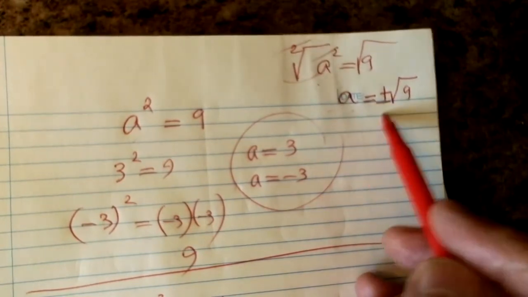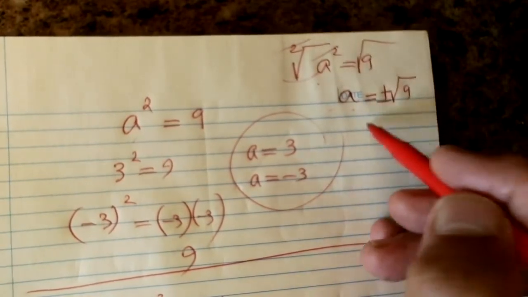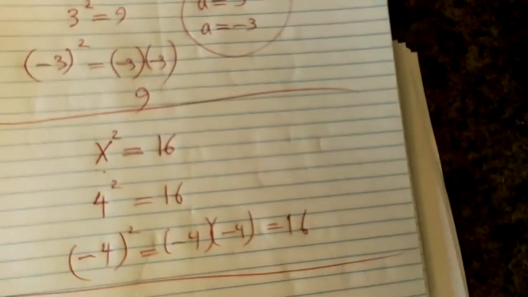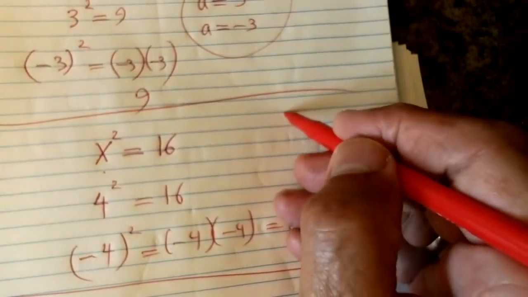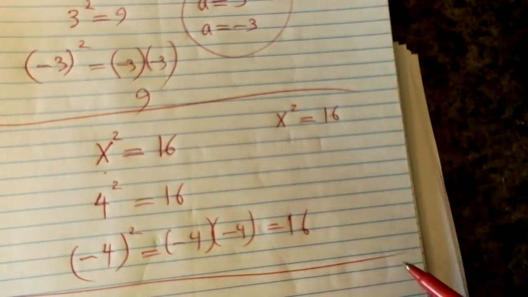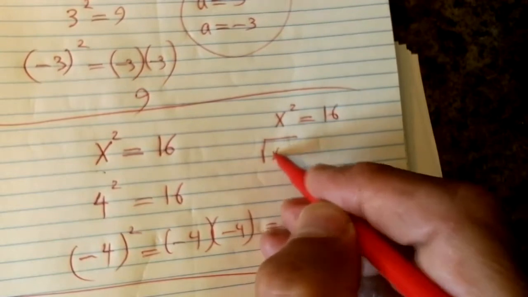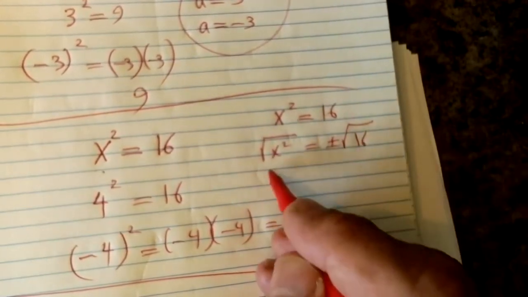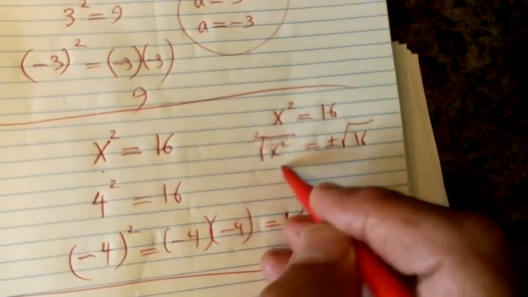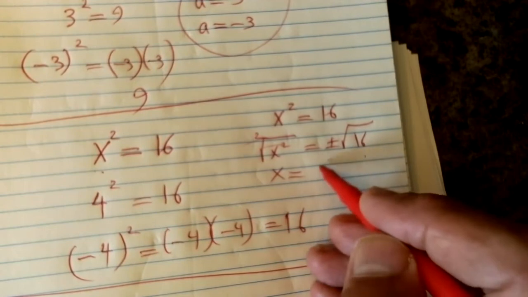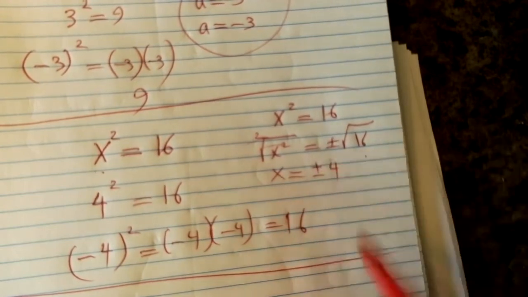So A is plus or minus radical 9, which with the calculator is plus or minus 3. Or like here, X squared is 16. So you put a radical on both sides. Eventually you don't have to put it on this side anymore because you know you are going to have X. Plus or minus radical 16 is plus or minus 4.